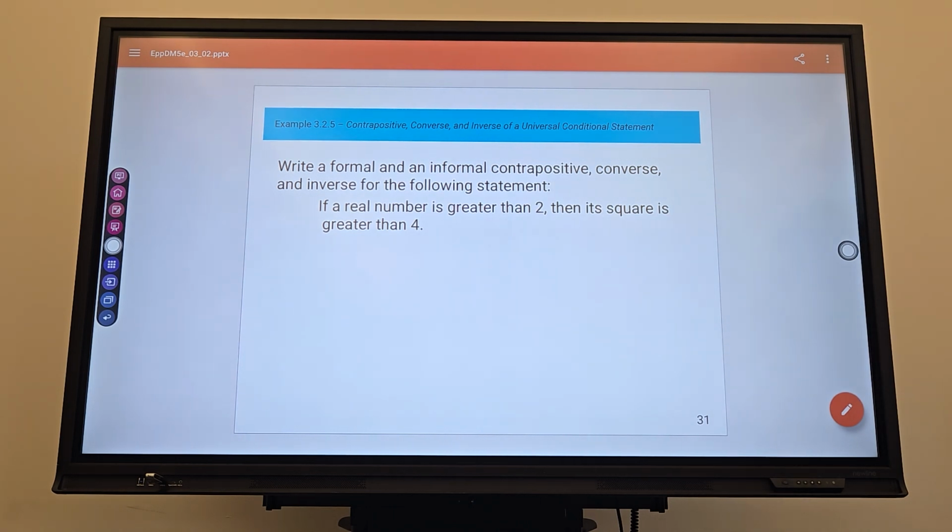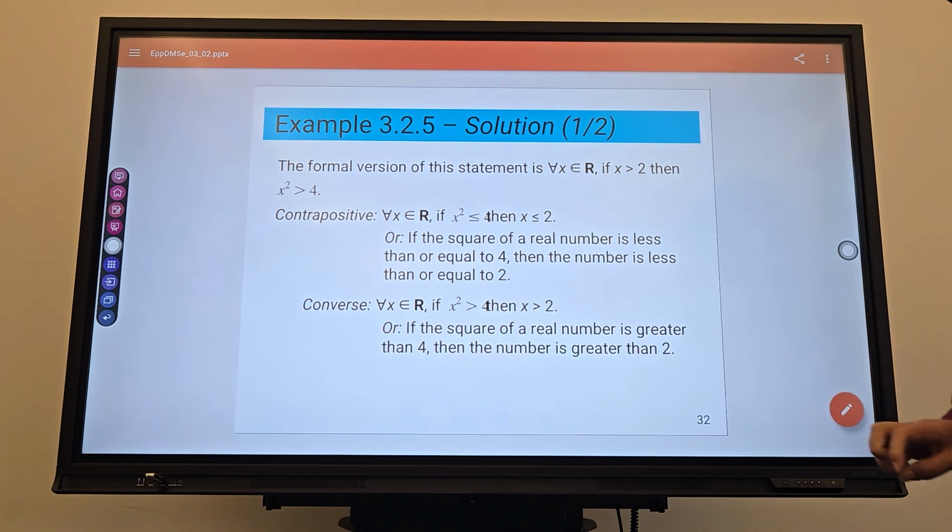So the converse of the statement: if a square of a real number is less than or equal to 4, then the number is less than or equal to 2. Which isn't necessarily true.